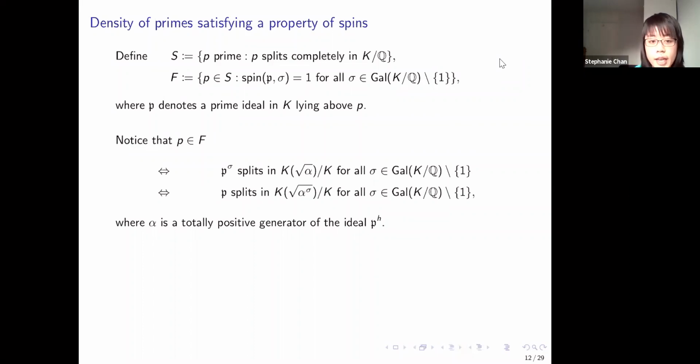And as before, I take alpha to be a totally positive generator of the ideal P to a power of H.